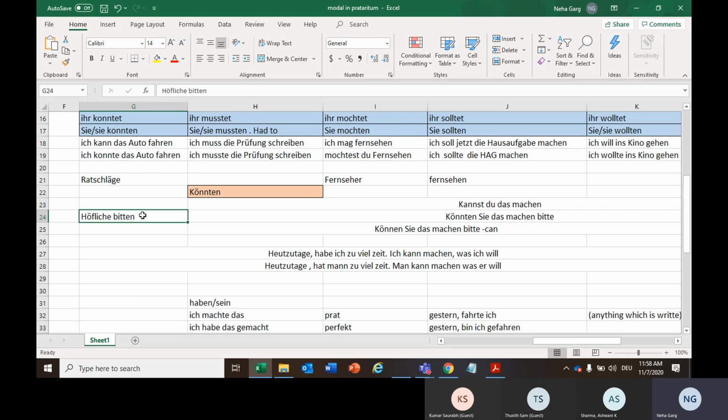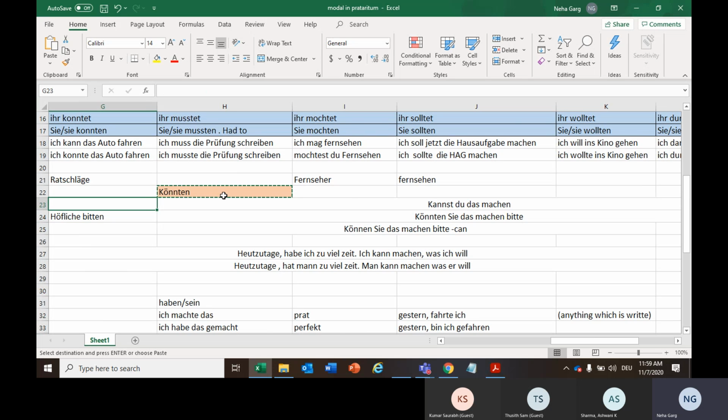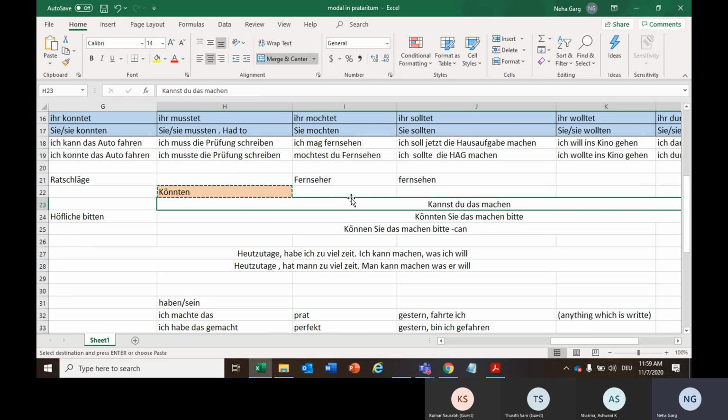So könnten is something which you can use in present tense, but still you would be adding extra t here. So könnten Sie bitte das machen? So kannst du das machen? This is informal. In present tense, can you do that?